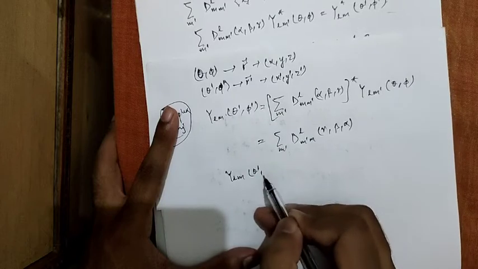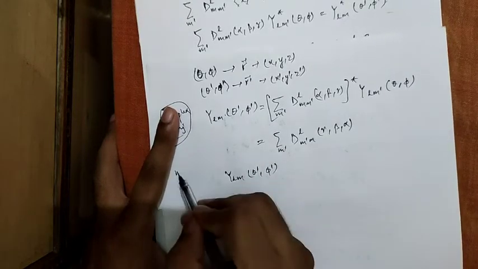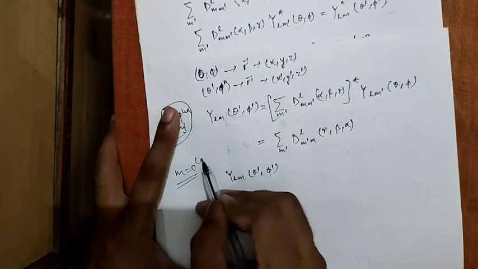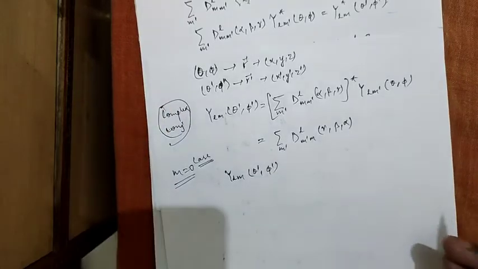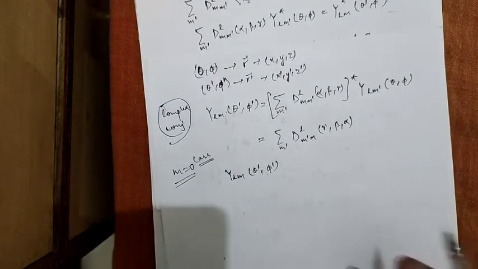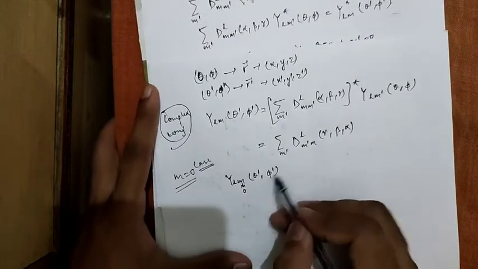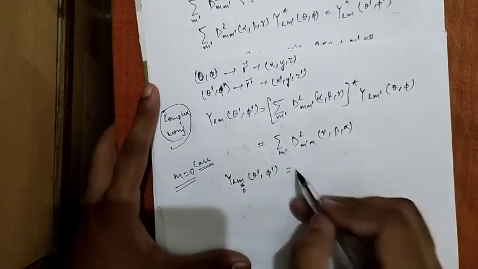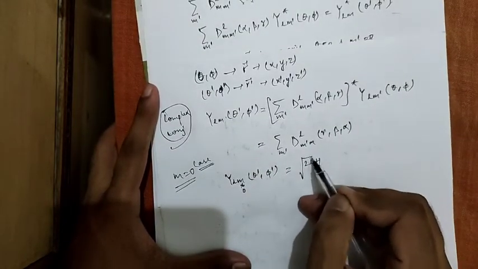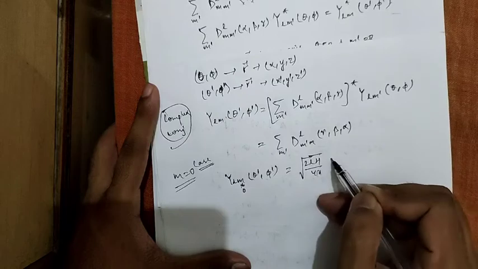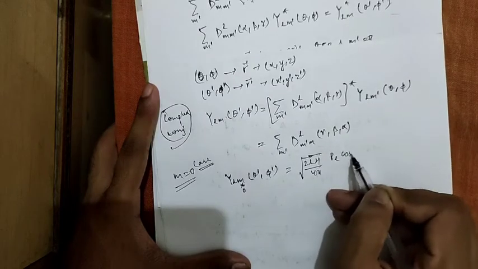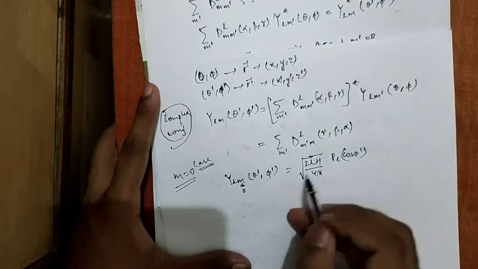Okay, now the value of Y_{lm}(theta dash, phi dash) for the case m equals 0: Y_{l0}(theta dash, phi dash) is equal to root of (2l plus 1) by 4 pi times P_l(cos theta dash).